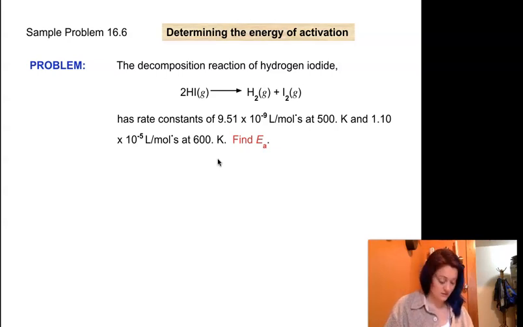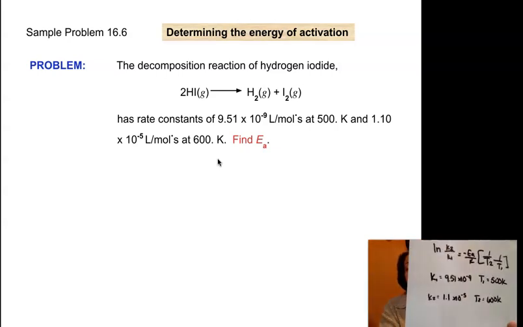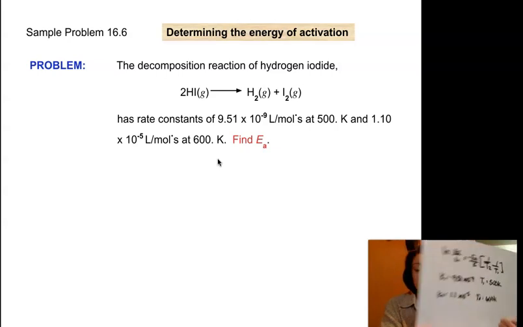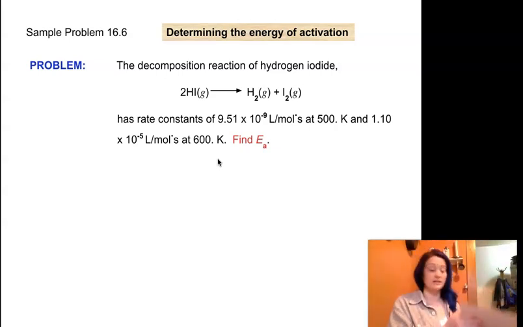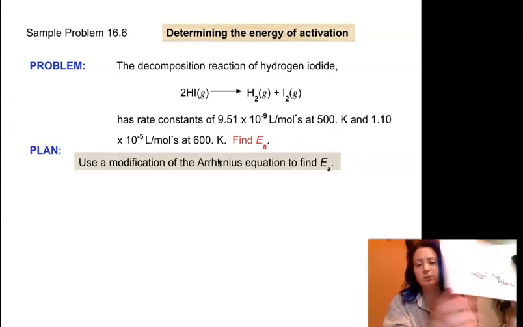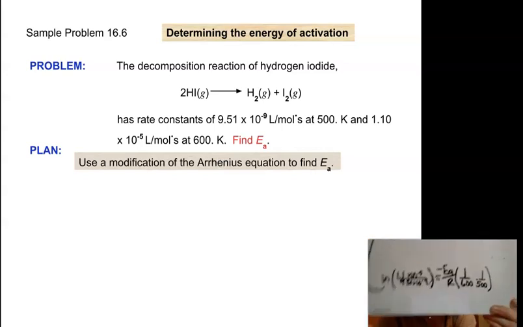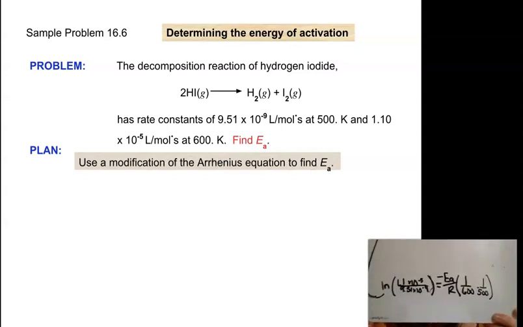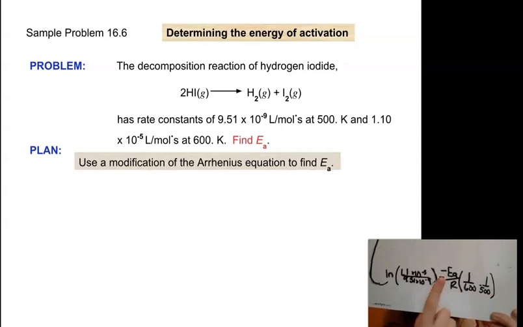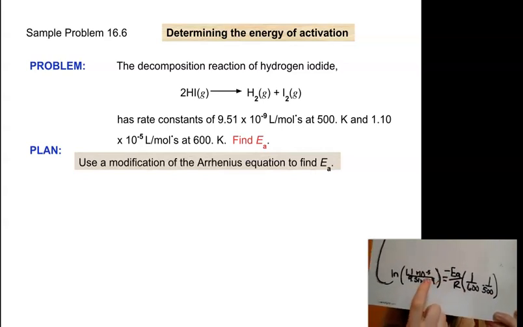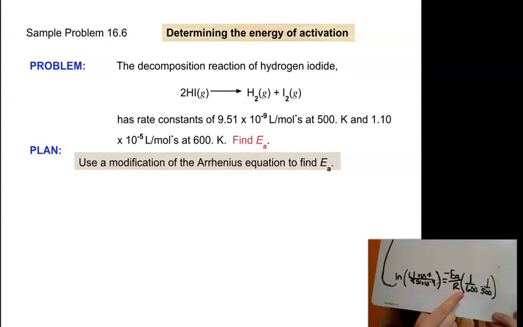T2 is 600 Kelvin. Something that's really important: temperature always has to be in Kelvin here. So all you're going to do is plug into the equation and solve. Alrighty. So when you plug all of those terms into the equation, you end up getting this here, where again you've got ln k2 over k1 equals negative EA over R, 1 over T2 minus 1 over T1.